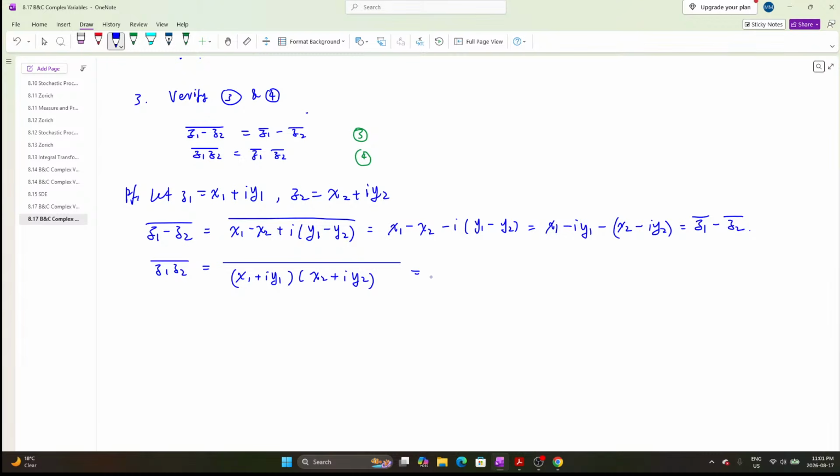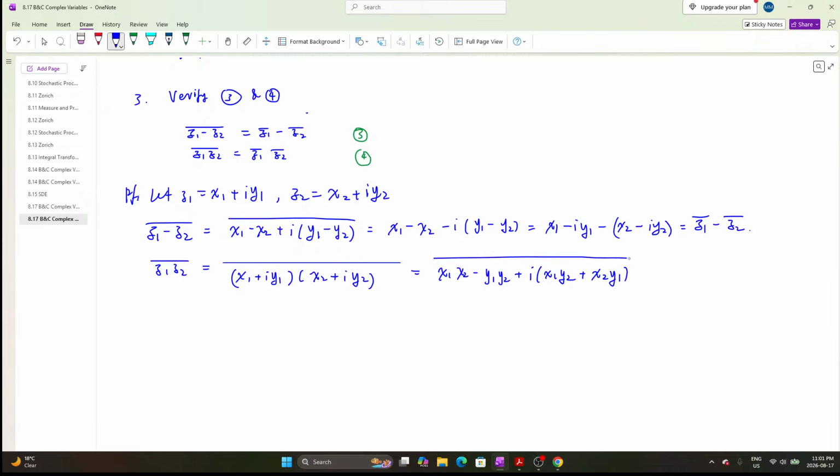So here, this is x1 x2 minus y1 y2, and then plus i times (x1 y2 plus x2 y1).